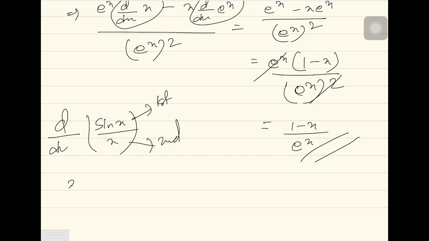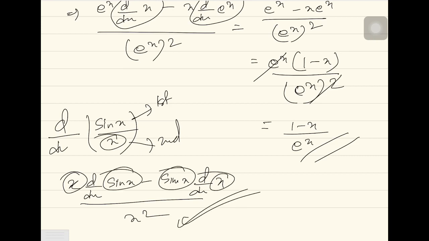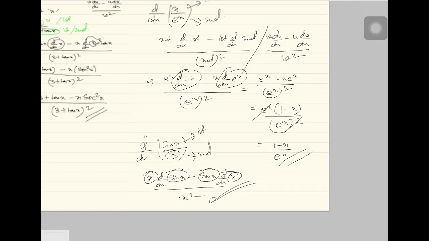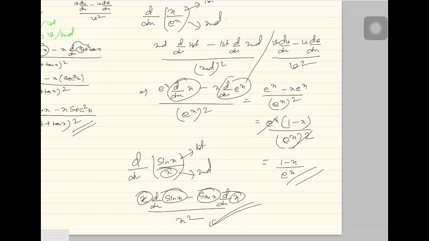So x d/dx of sin x minus sin x d/dx of x, divided by x square, and then you can continue. You just have to differentiate alternately, one by one. x comes out, d/dx of sin x, then sin x comes out, d/dx of x, like that. So that's how we put the product rule and quotient rule into practice.